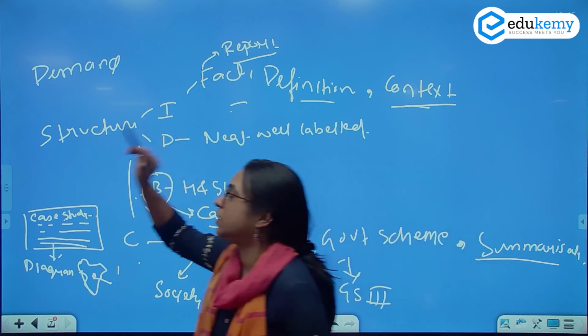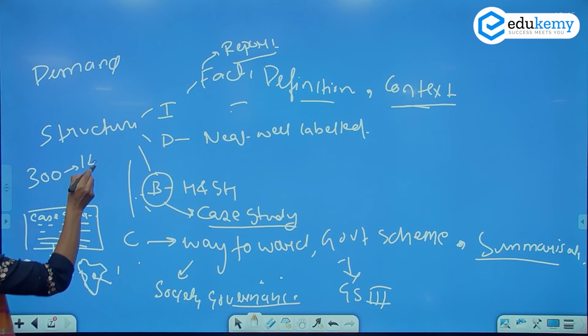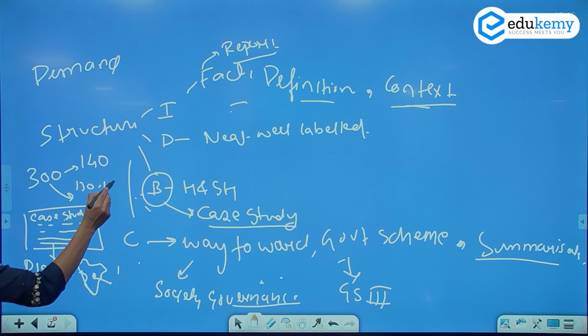In geography paper 1, if you score about 140, 145, it's a very good score. The differentiator becomes geography paper 2. People score 130 to 170, as low as 90 also, if you have not met the demand of the questions.